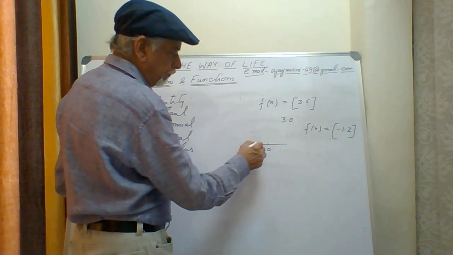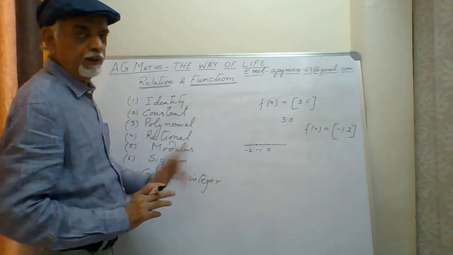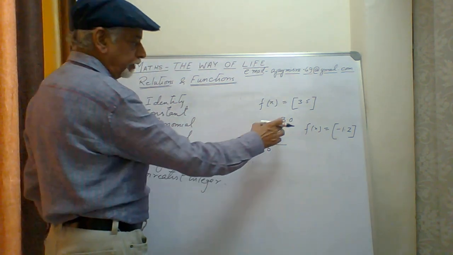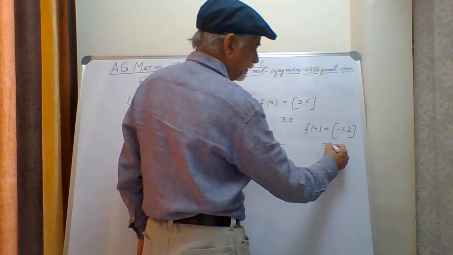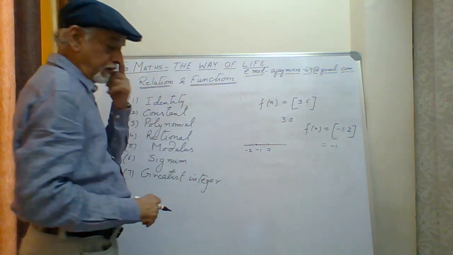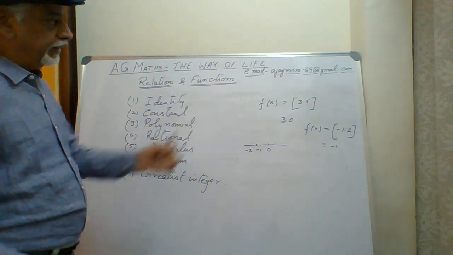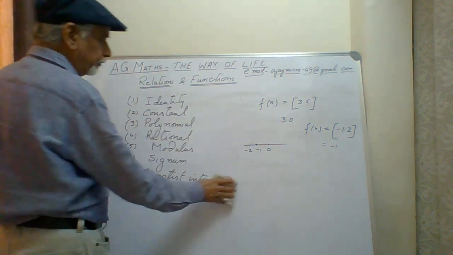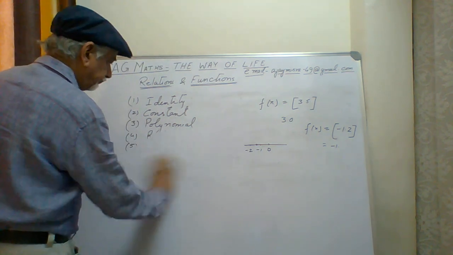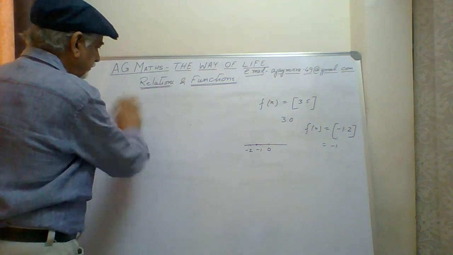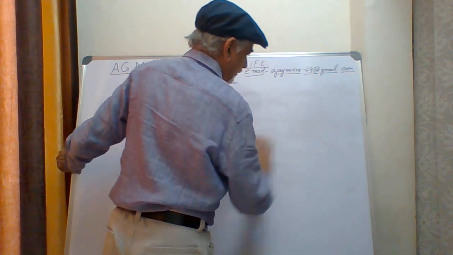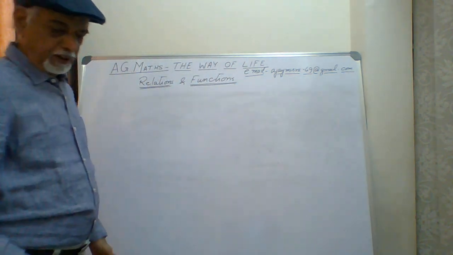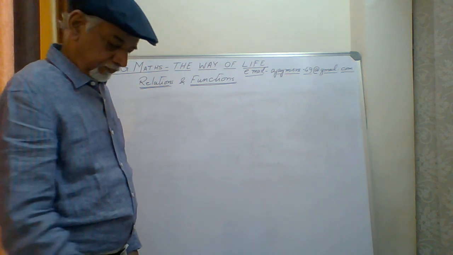So the value minus 1 is the greatest integer here, because minus 2 is smaller than minus 1.2. So the value for the greatest integer is minus 1 here. So likewise, we get the values for x and y to be plotted. So this was about the different types of functions that we can discuss.